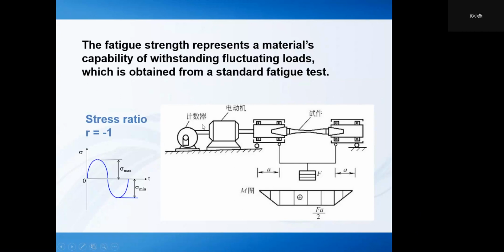In the test, a regular cyclic load is applied to a specimen, and uniformly, we choose the cyclic load with a stress ratio of -1, like this. This is the cyclic load we have chosen.